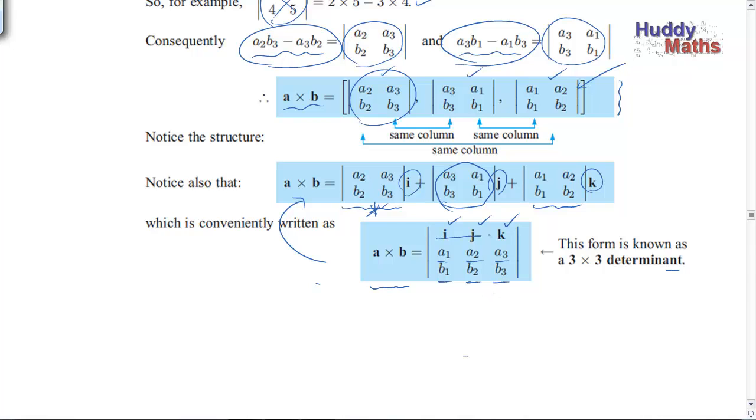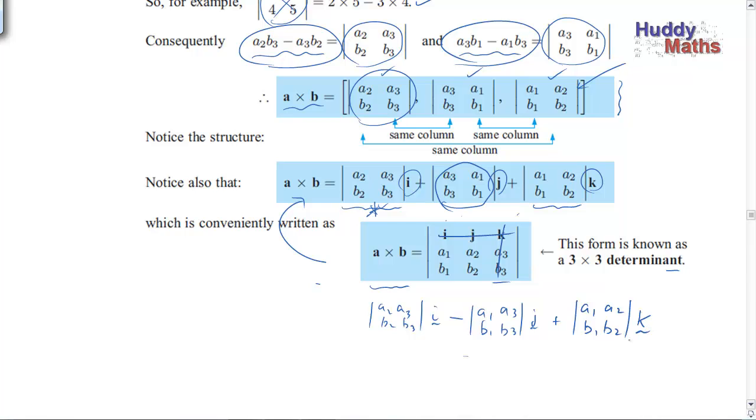Get the first one, you put that through, and it's the determinant of a2, a3, b2, b3 by i, and then go to the next line, do the j, and then it's minus a1, a3, b1, b3, j. Okay, so it's a nice little system, and then do the k, which is going back to plus because it stays in that order of the entries in the matrix, and that's k.